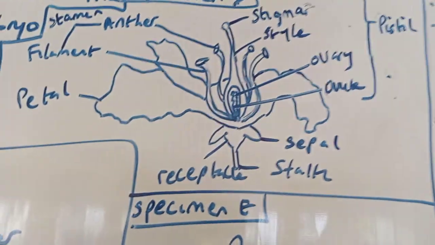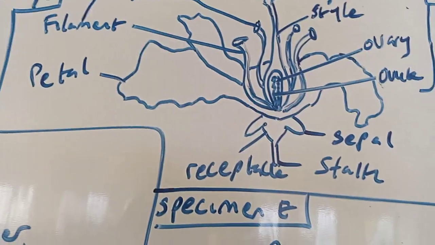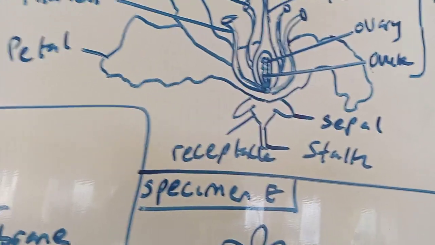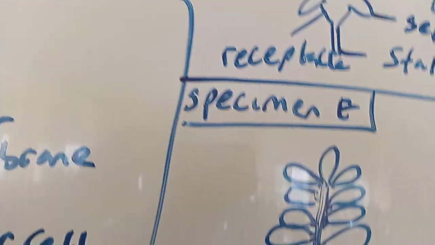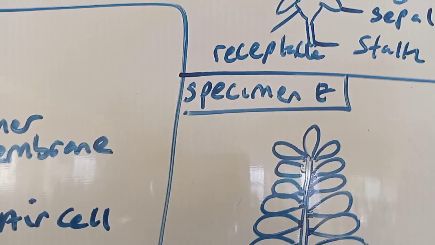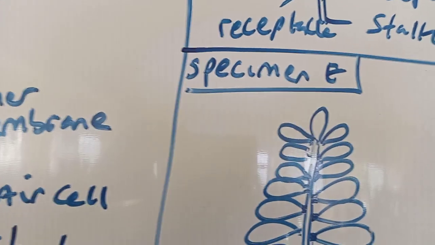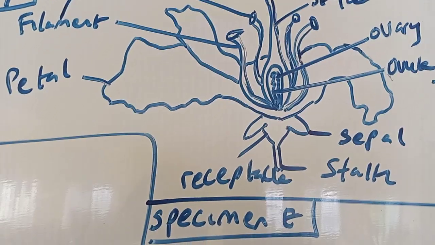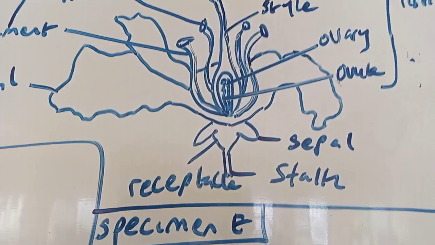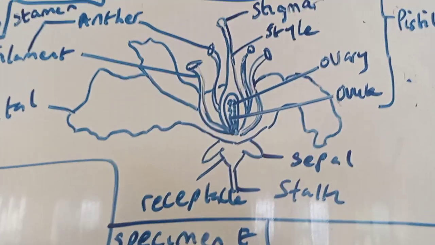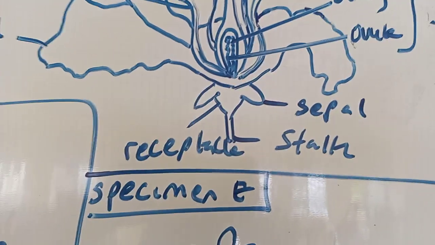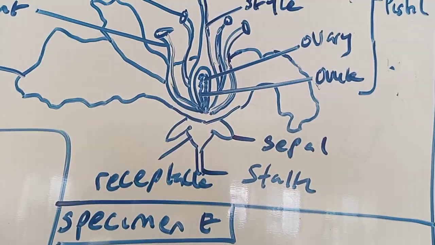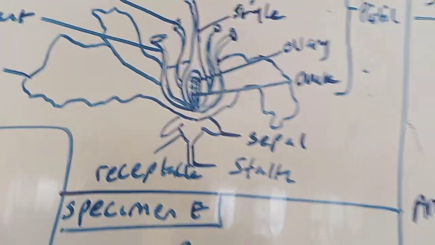The mode of pollination is insect. The type of ovary, I think I spoke about it in the last class, is hypogynous or superior ovary. The placentation is marginal, and the class of fruit is legume.